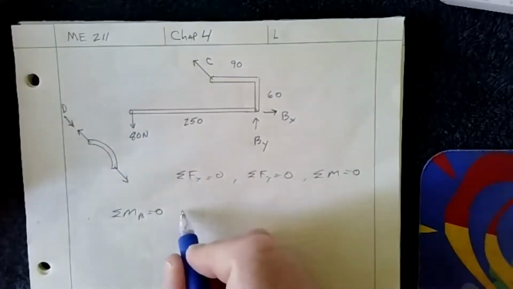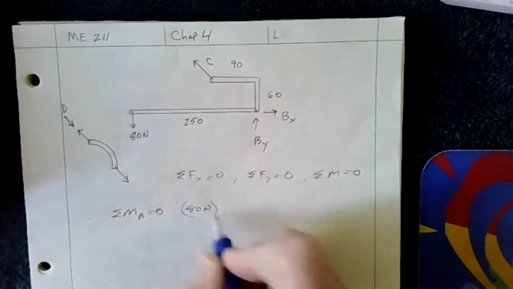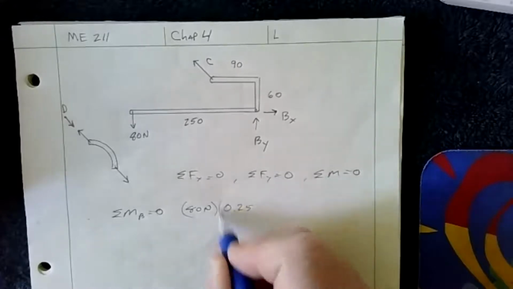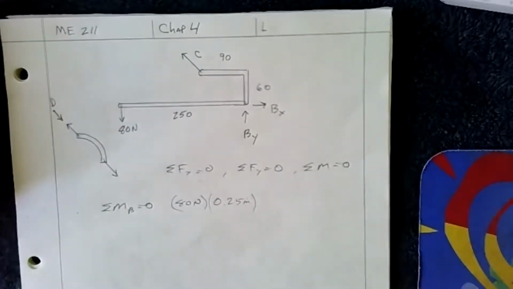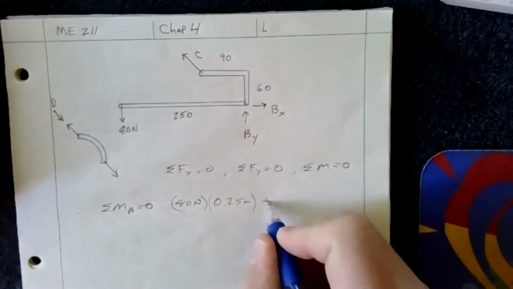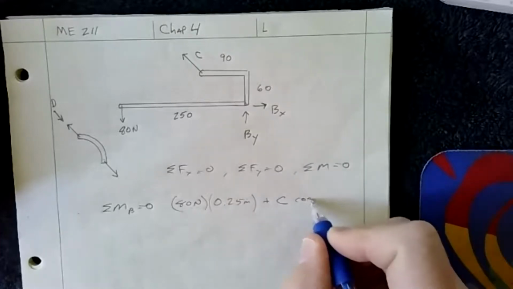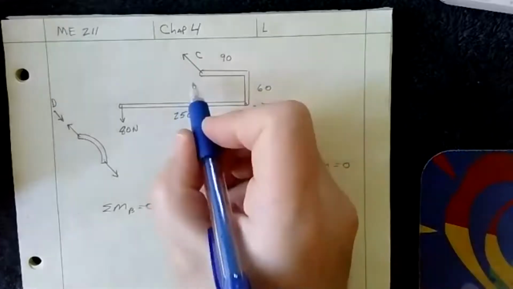Well, we know around B, we have 80 newtons, and that's times 250 millimeters, or 0.25 meters. And that's a positive moment because it's counterclockwise. And then we have plus C cosine 45. In this case, I'm breaking C into its respective components.